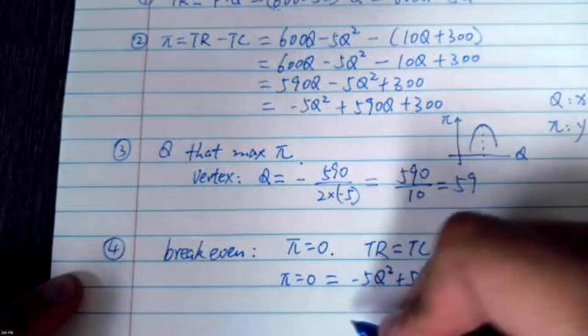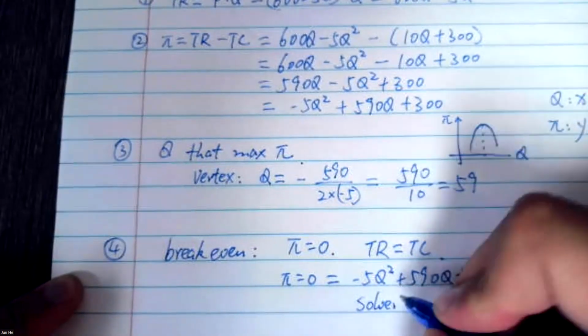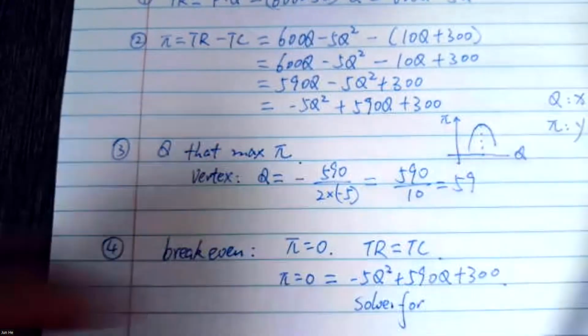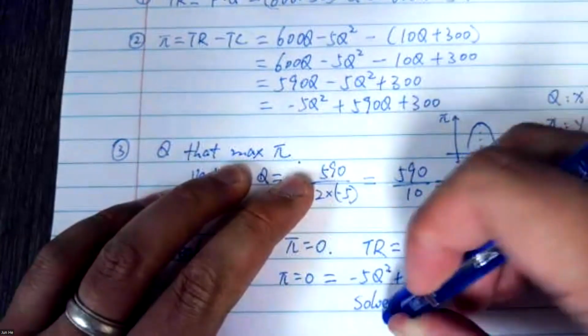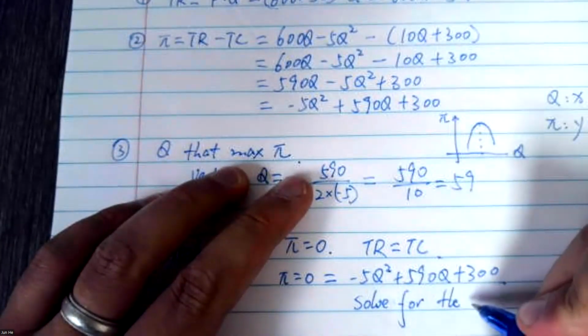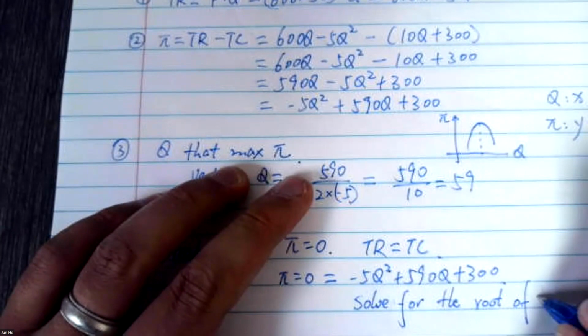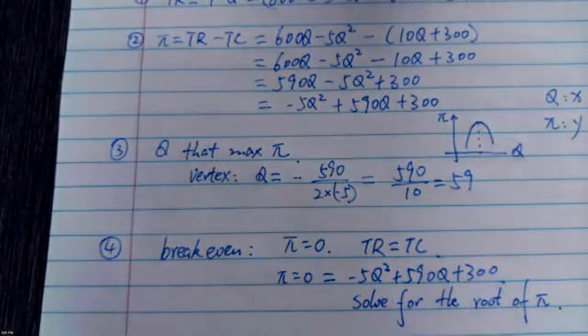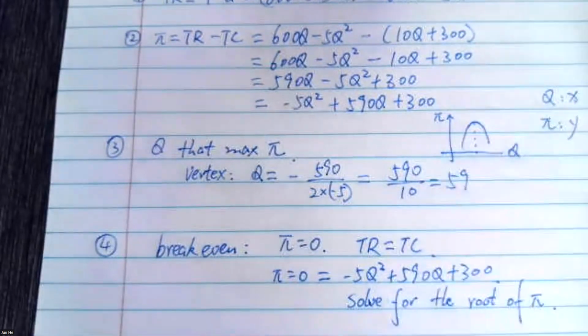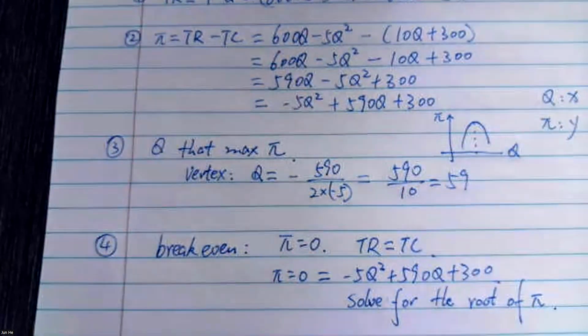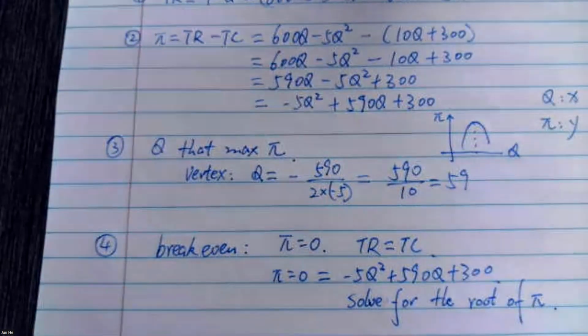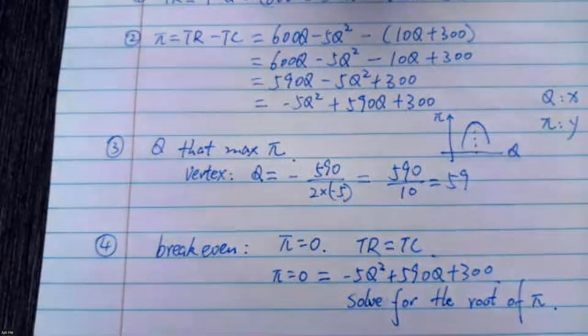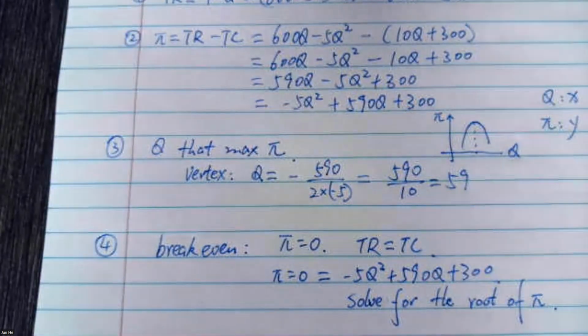So we just need to solve for the root of pi. And we actually learned several ways to do that. We can invoke the formula, right? We can use Solver to do this, or we can use spreadsheet modeling to do this.